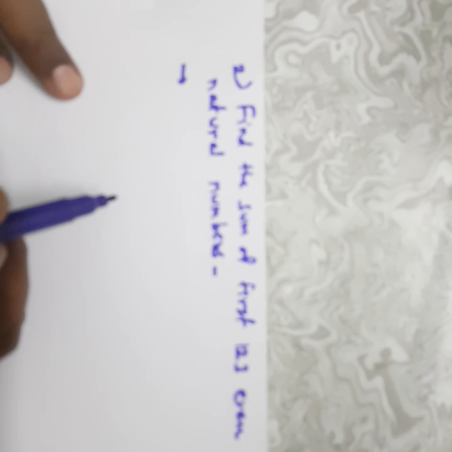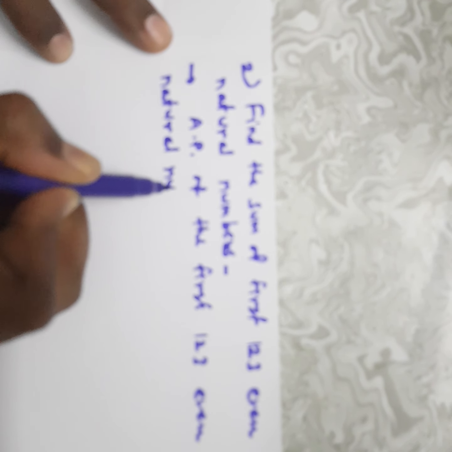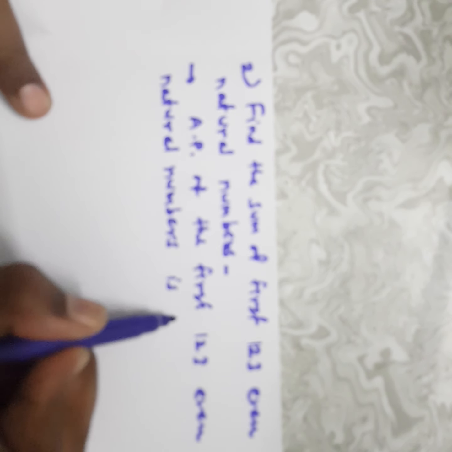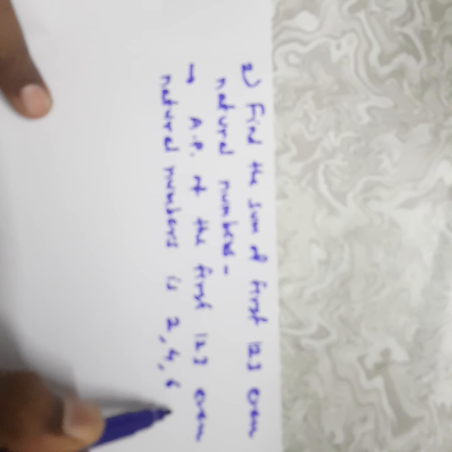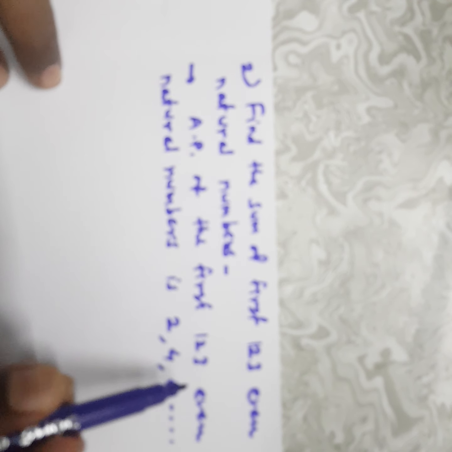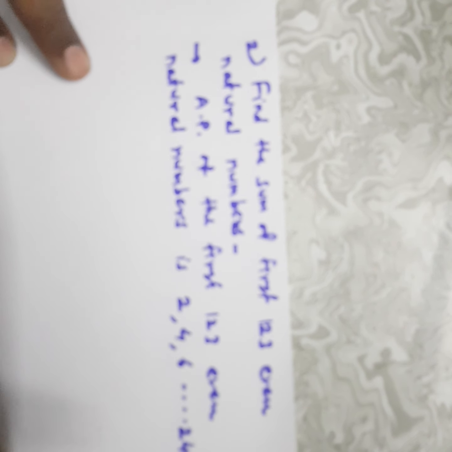Here the arithmetic progression of the first 123 even natural numbers is: the first even natural number is 2, 4, 6, ..., and the last even natural number will be 123 into 2, that is 246.